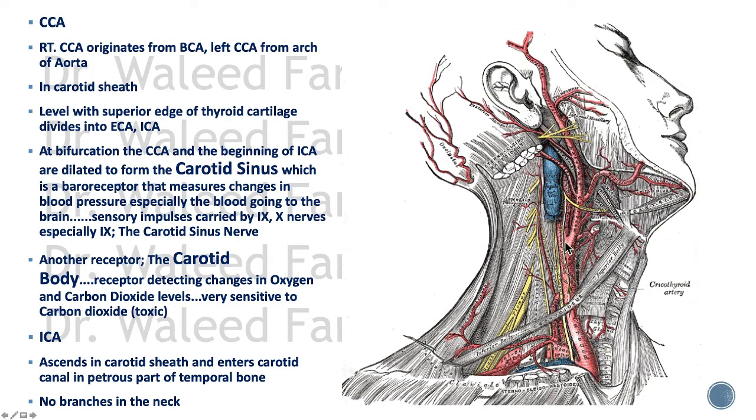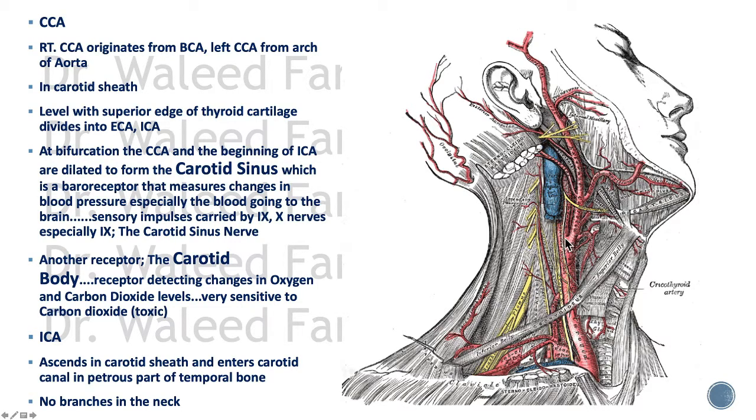The common carotid bifurcates at the level of the upper border of the thyroid cartilage. At the level of bifurcation, in the wall of the common carotid and the internal carotid branch, there is a swelling, a bulb of the carotid artery.